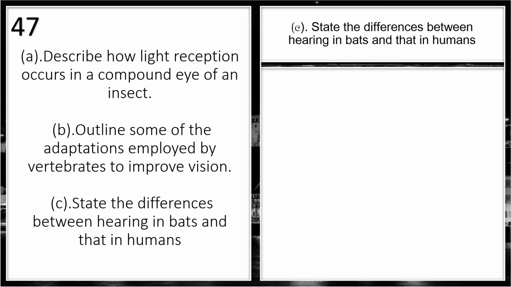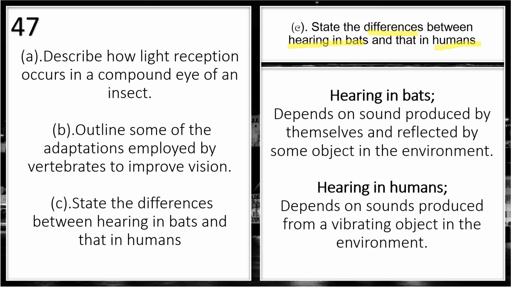Part C. State the differences between hearing in birds and that in humans. Hearing in birds depends on the sound produced by themselves and reflected by some objects in the environment. In humans, this depends on the sound produced from a vibrating object in the environment.